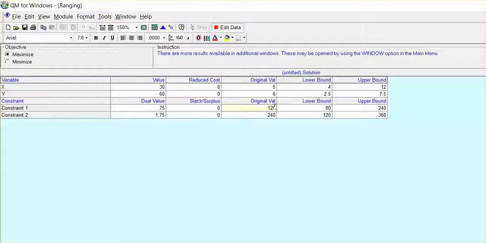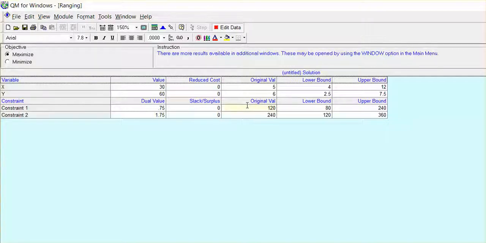We have completely utilized everything, so we have no slack left. It's 0. So when you see a 0 in your slack or surplus column, that is saying you've utilized whatever, in this case, 120, I'll just say hours. We've utilized 120 hours to arrive at our optimal solution.